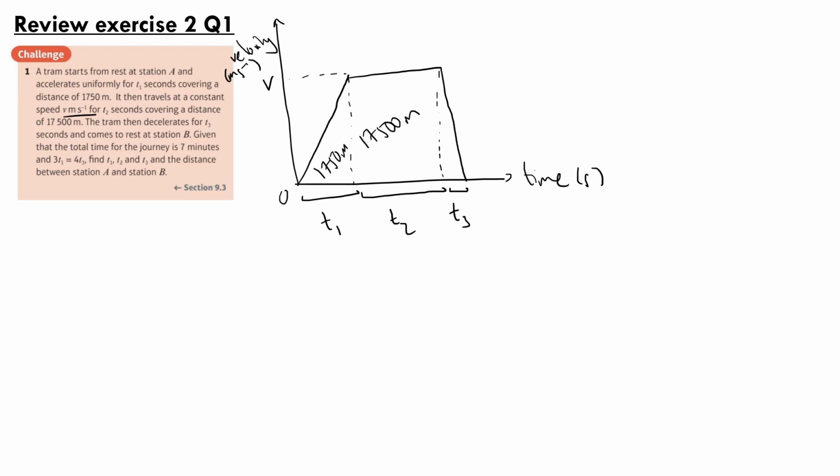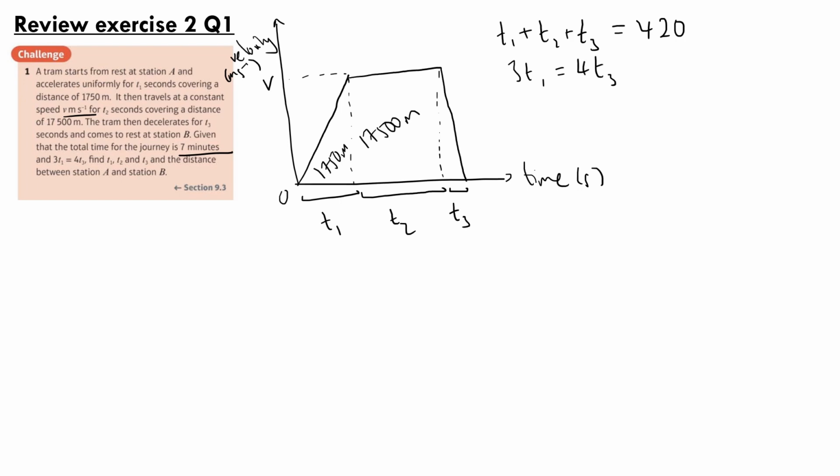Okay, and we're given some information about t1, t2 and t3. We're told that the total time for the journey is 7 minutes. So we know that t1 plus t2 plus t3 is equal to 7 times 60, so that's 420 seconds. And we also know that 3t1 is equal to 4t3.